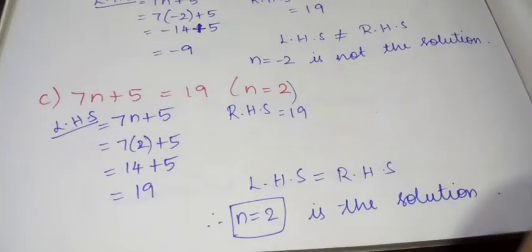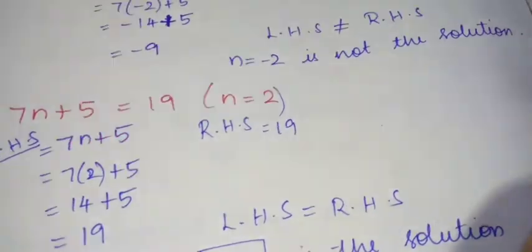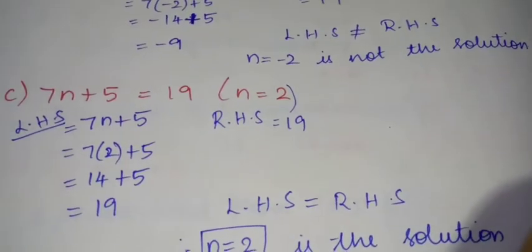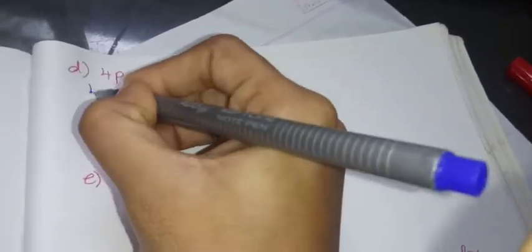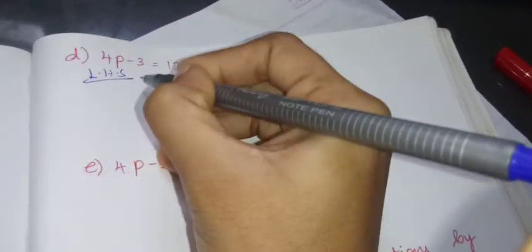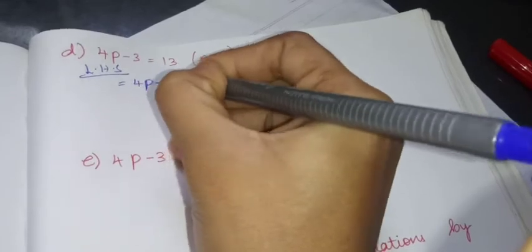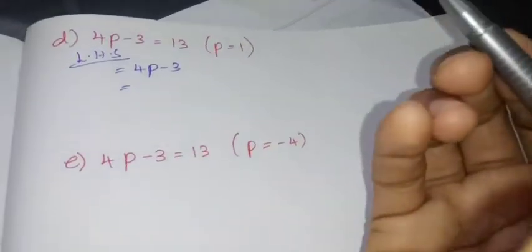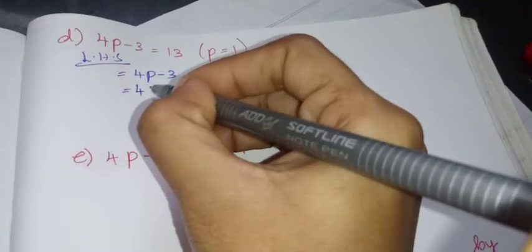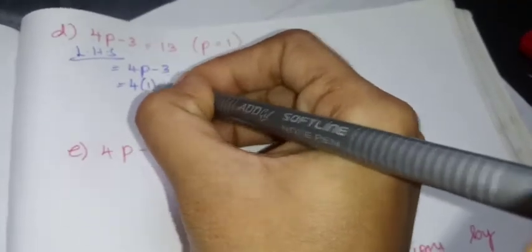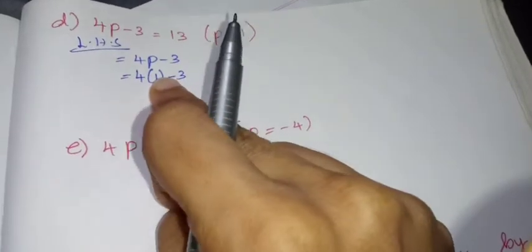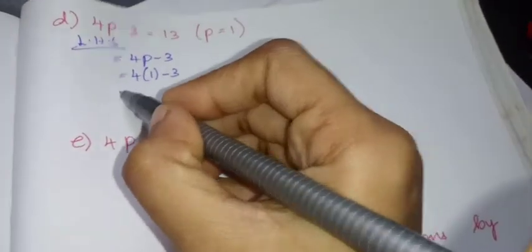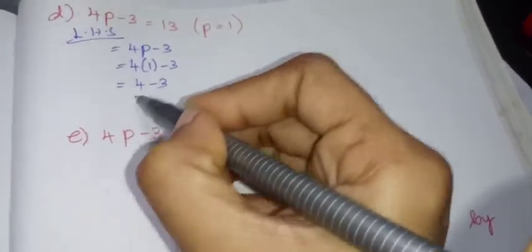So actually we have to check whether this is a solution of this equation. Understood? This is your next problem. So what is the LHS, children? 4p minus 3. What is the p value? 1. 4 into 1 minus 3. 4 ones are 4 minus 3. 4 minus 3 is 1.